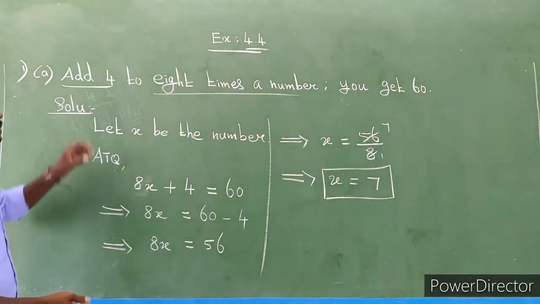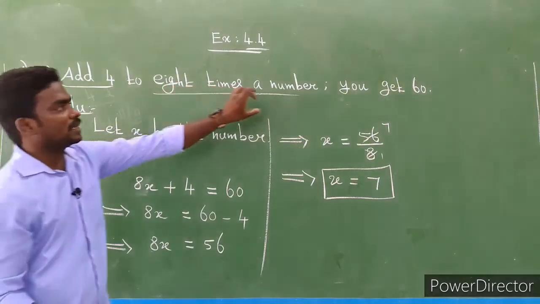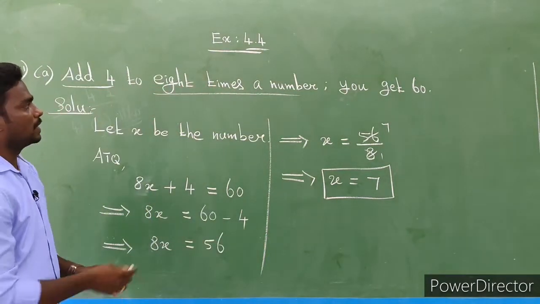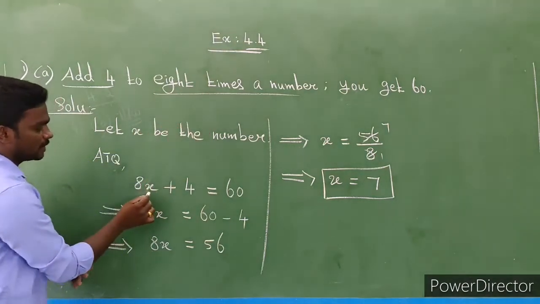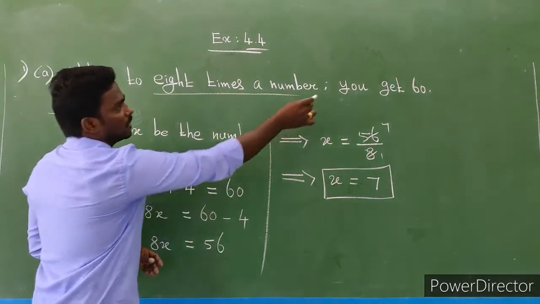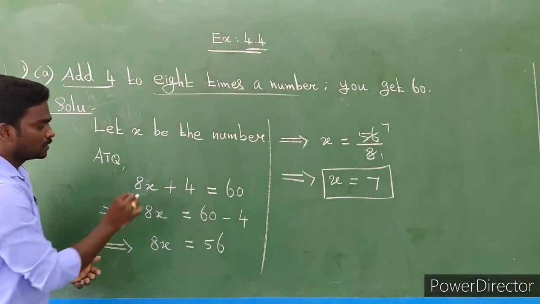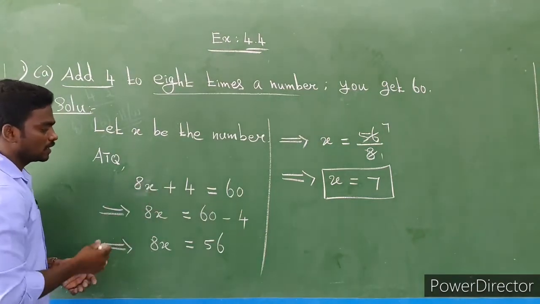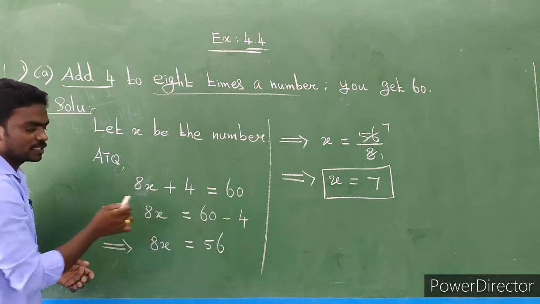So how to solve this? Add 4 to 8 times a number, you get 60. 8 times a number means 8 multiplied by x, and add 4 means plus 4, and the result is 60. So 8x plus 4 is equal to 60 is our equation. We keep the value 8x on the left side.